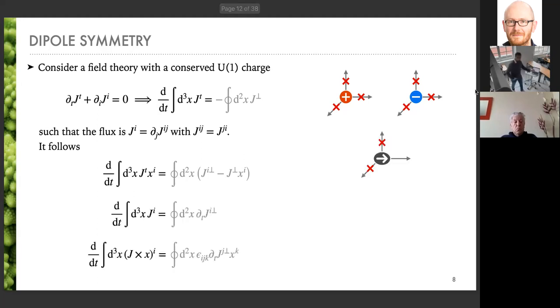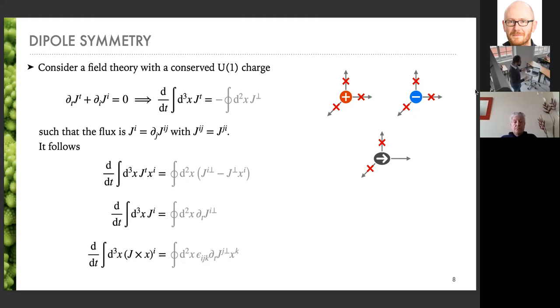There's a slightly more exotic object you can talk about. Because J is a total divergence, you can take the time derivative of J itself, and this will also be conserved. So if you think about a local current excitation, not sure how well that motivates it, then it can only move in one direction.